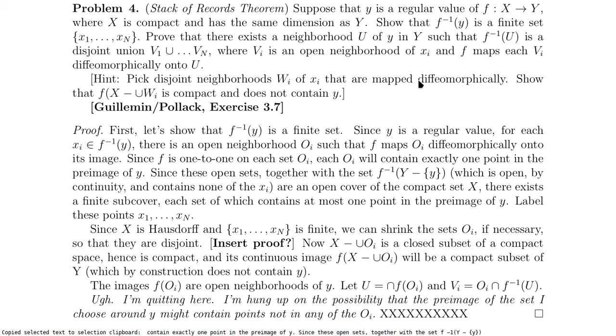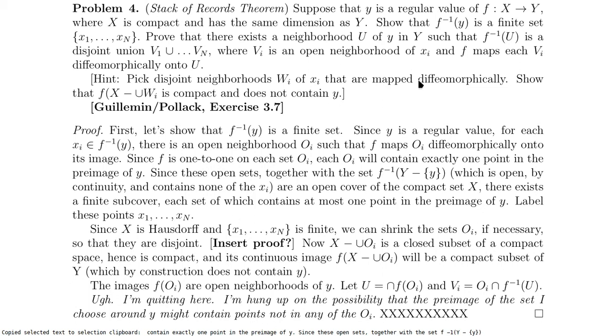So why aren't we done? Why isn't that it? I just have the gut feeling, especially based on the hint, that there's something wrong with that argument. I mean, I believe that each VI is going to be disjoint from the other VIs, because VI is contained in OI, and the OIs are disjoint.